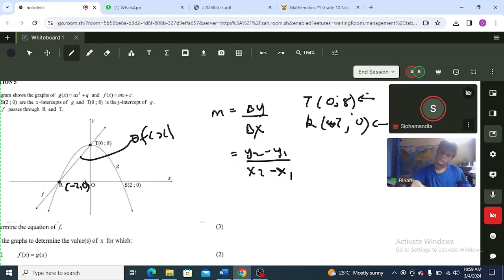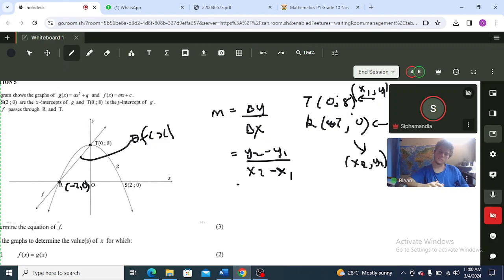So I would select this one as my x1, y1, and obviously this one over here will be my x2, y2. Note that I didn't say x1, y2, and I didn't say x2, y1. It's x1, y1, x2, y2. A lot of people don't understand that part, and they make a lot of mistakes on it.